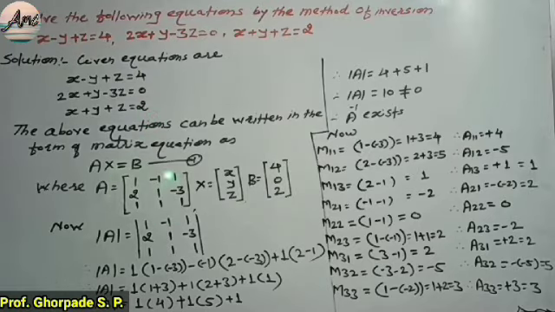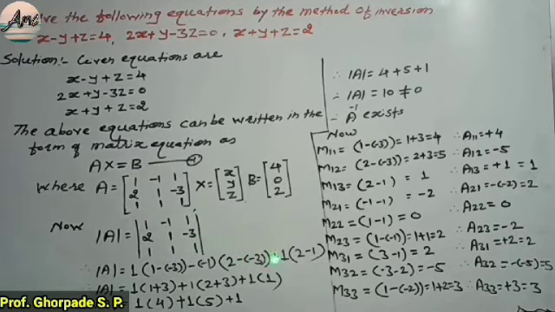Now let us find the determinant of the given matrix. So determinant of A equal to 1 minus 1 1, 2 1 minus 3, 1 1 1. Now let us find the value of this determinant. So 1 into 1, 1s are 1, minus 1 into minus 3 is minus 3. So minus of this term is minus 1 into 2 into 1 is 2, minus 1 into minus 3 is minus 3.